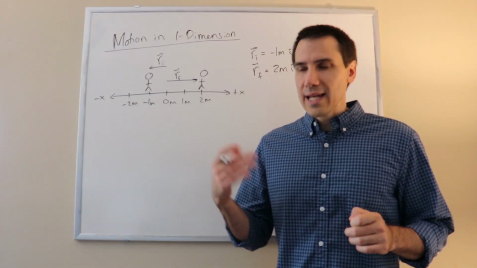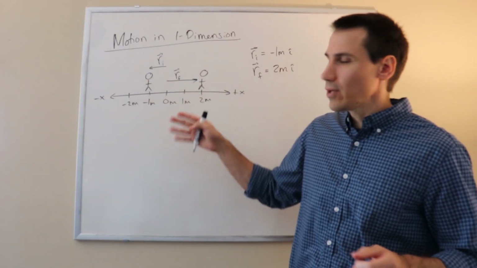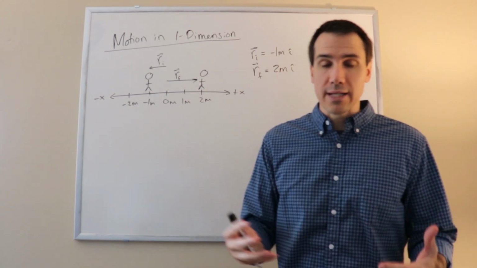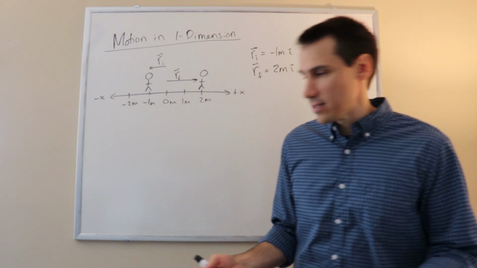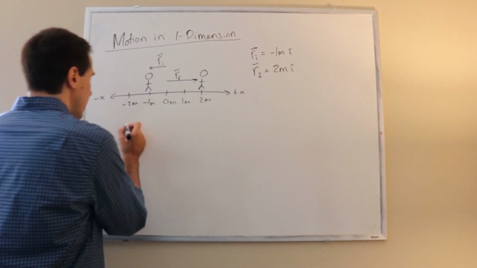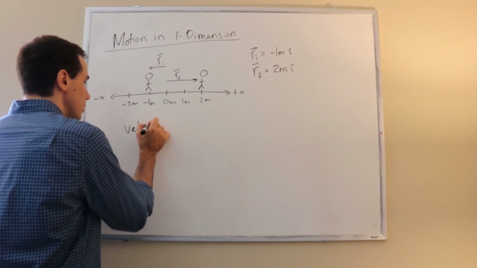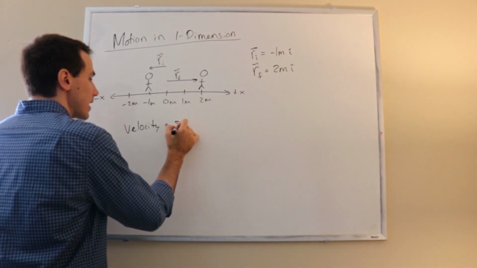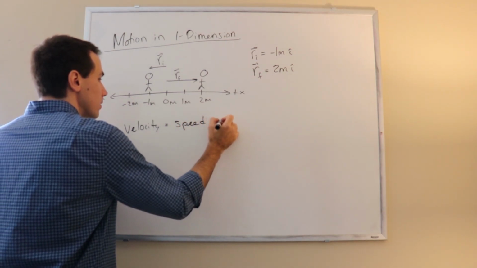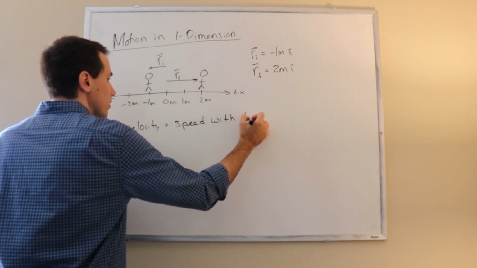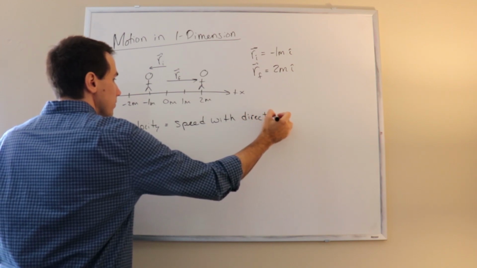Okay, now that we have our person moving, we could try to think about what their velocity is. So first we should define what velocity is. Velocity is a speed with direction.